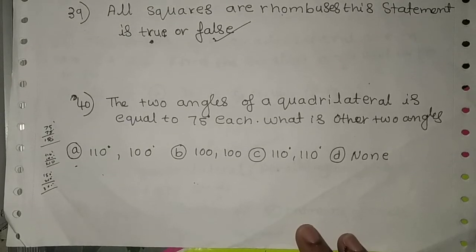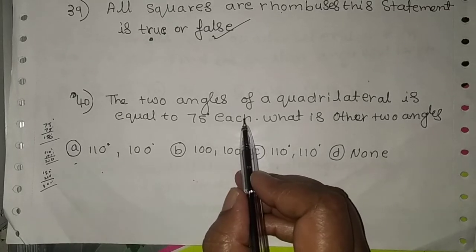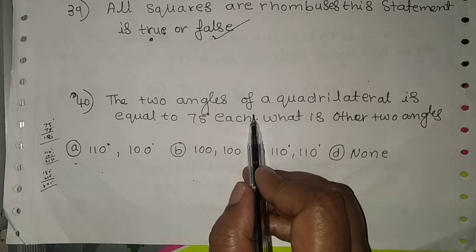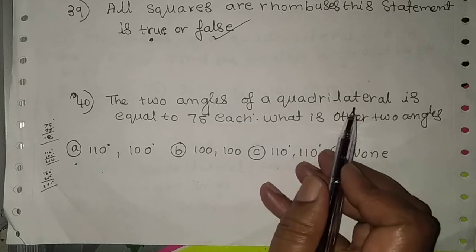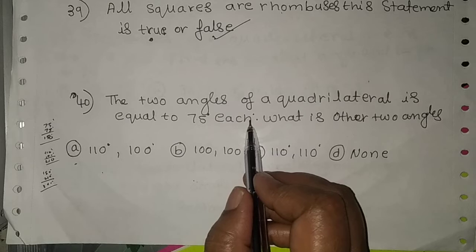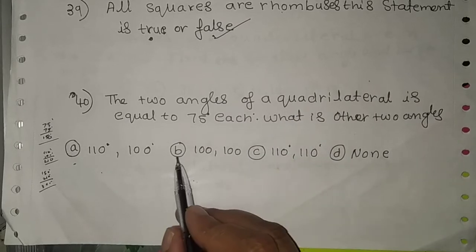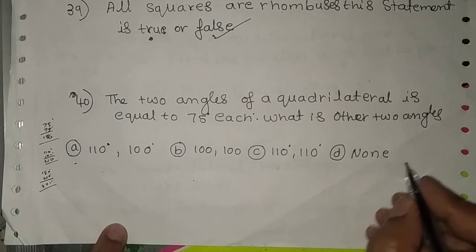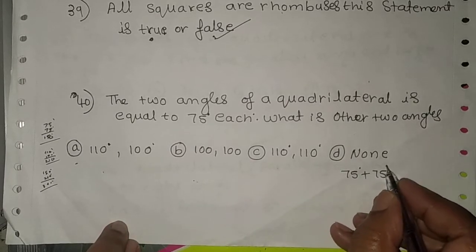So next is the 40th problem. Two angles of a quadrilateral are equal to 75 degrees. What are the other two angles? So 75 degrees is given. The two angles of a quadrilateral are 75 degrees. What are the other two angles? So we just add 75 degrees plus 75 degrees.